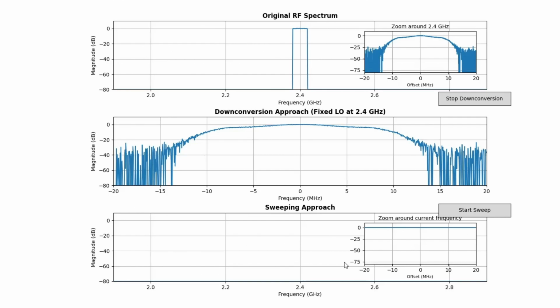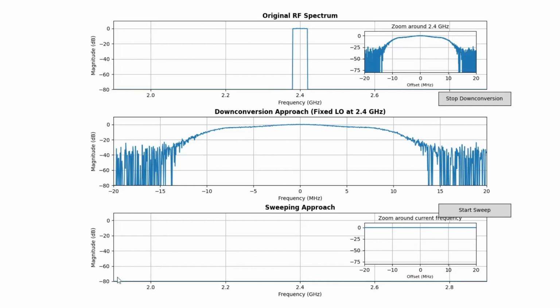So we sweep the LO frequency from 1 gigahertz to 3 gigahertz with steps of 1 megahertz. Then at each step, when we set the LO frequency, we calculate the power after the down mixing.